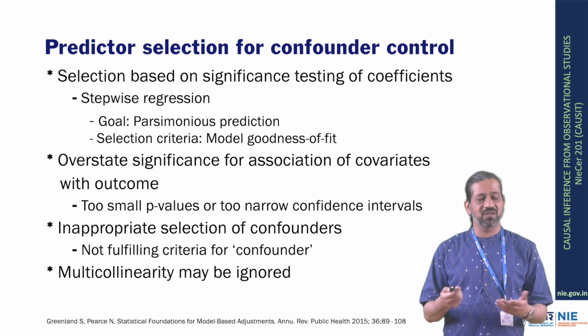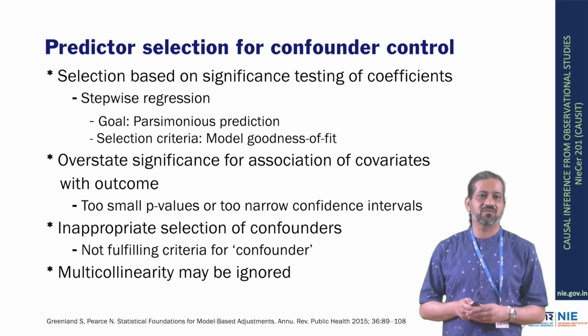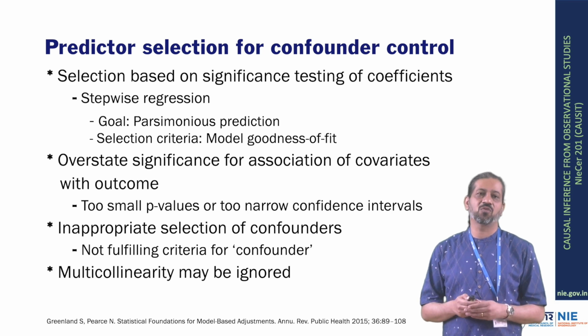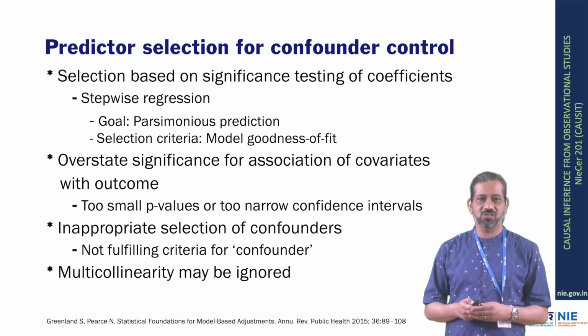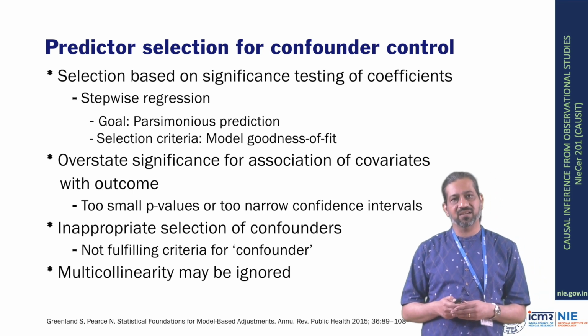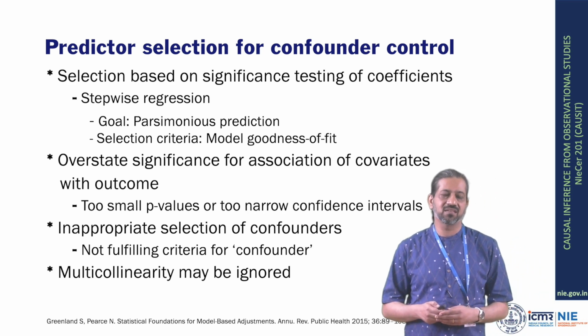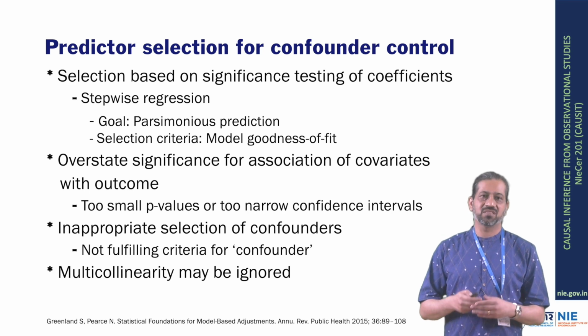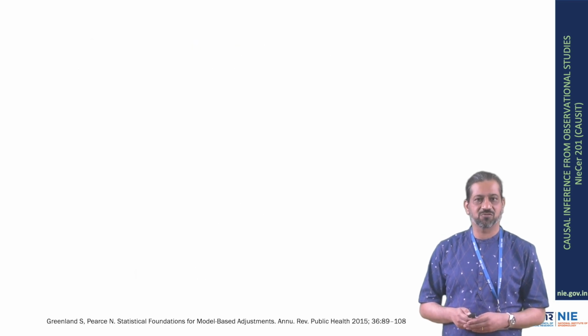Finally, it is possible, if not taken into consideration, that multiple covariates which are related to each other may be selected, and hence the problem of multicollinearity and again sparse data could creep into this criteria for confounder control.